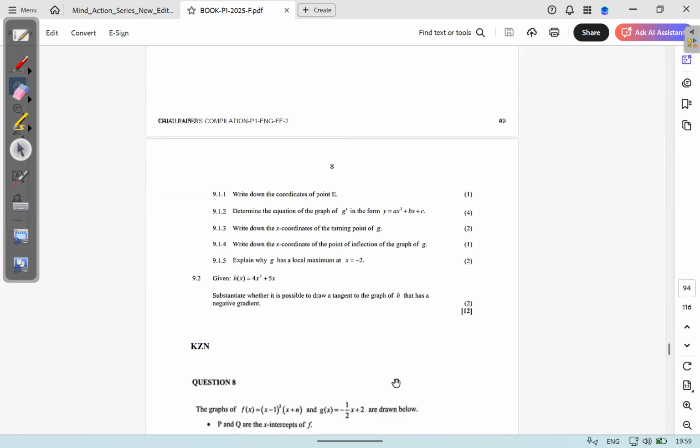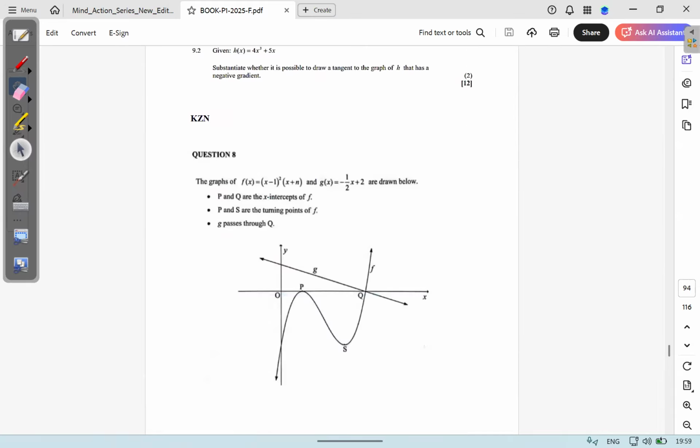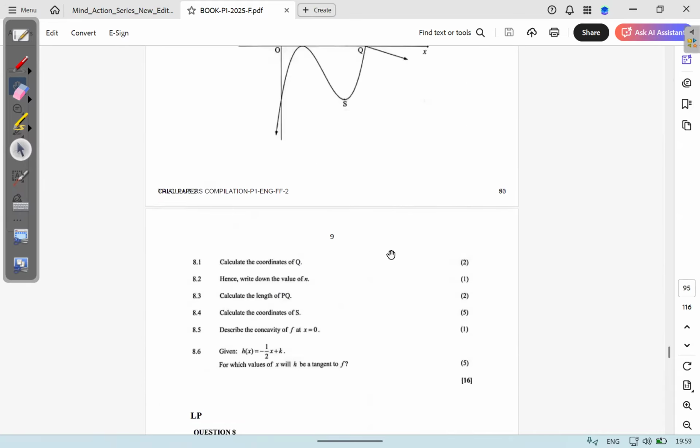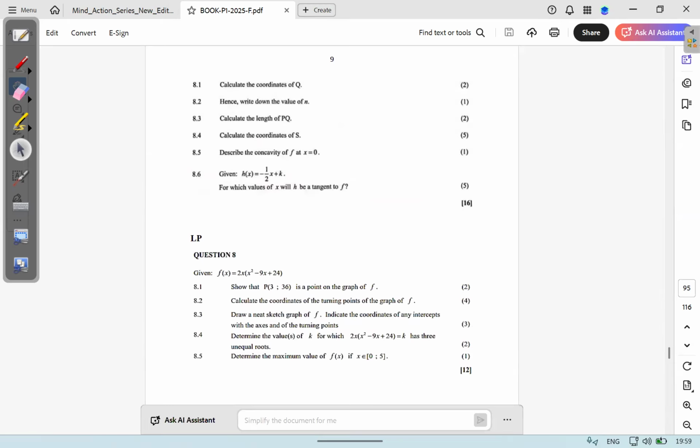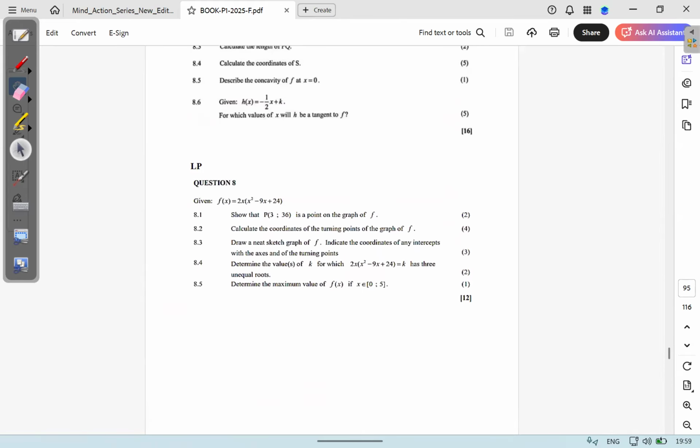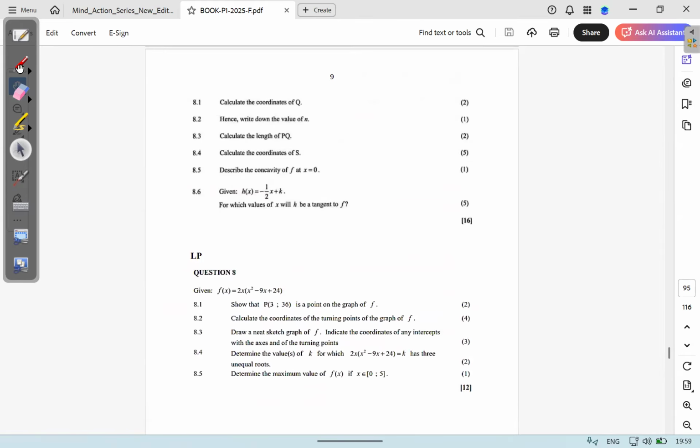Let's try and find a fair question for you guys. Okay, so this is what you're gonna do. You see where you have been asked to find the turning points. That's all I need you to do. I just need you to calculate the turning points.